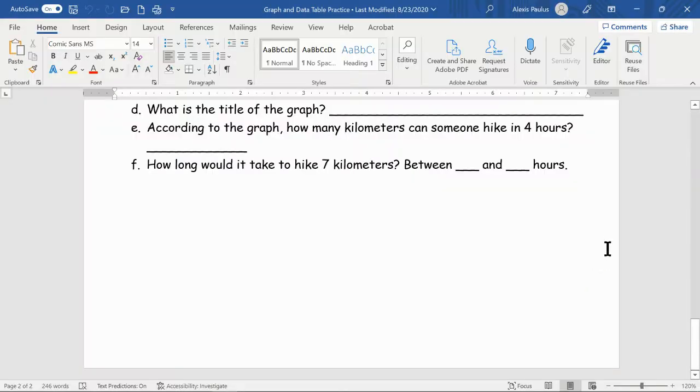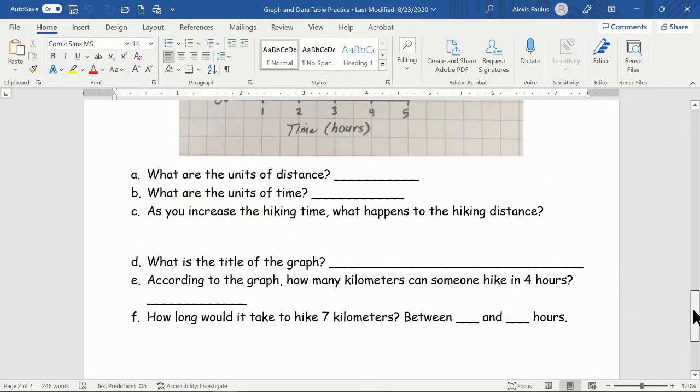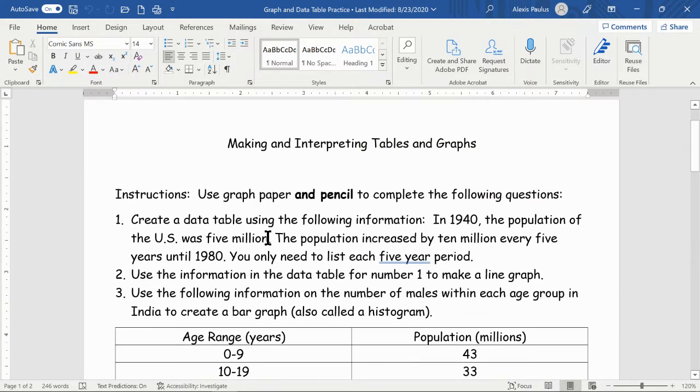Let's go back to the given information. All right. Okay, so can you come up with any specifics about this information? Well, we're talking about the United States. Let's see, we're also talking about the years of 1940 to 1980.